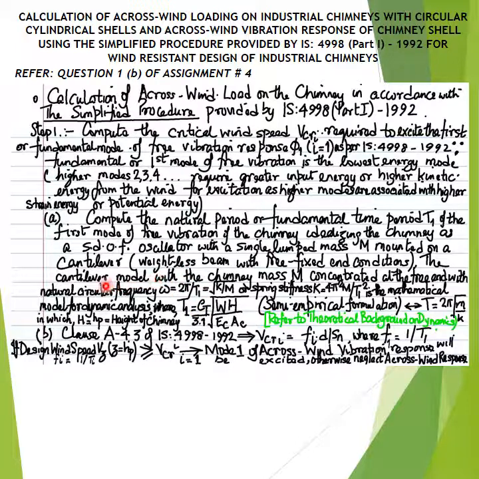That is, the natural circular frequency omega of the single degree of freedom model, idealizing the chimney structure, is related to the fundamental time period or the natural period T1 of the first mode of vibration, that is the first mode of free vibration response of the industrial chimney structure.